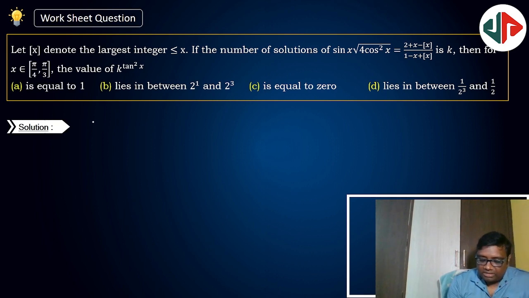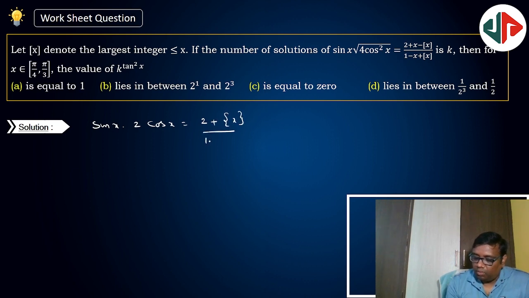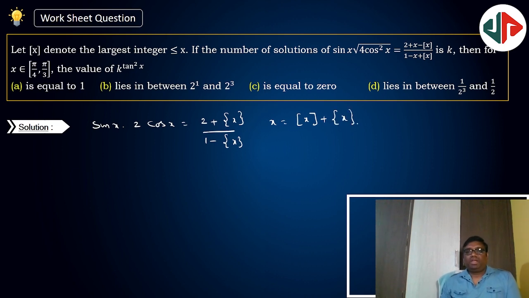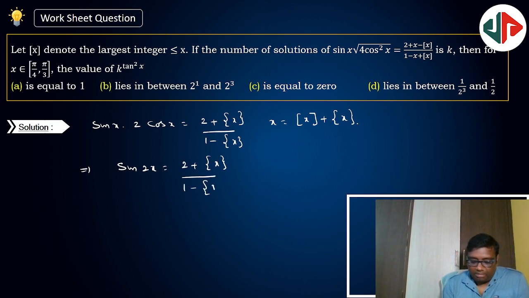We can rewrite this as sin x into 2 cos x, which is equal to 2 plus fraction part of x by 1 minus fraction part of x, because every x we can rewrite as step x plus fraction part of x. So x minus step x means fraction part of x. So this value is nothing but sin 2x is equal to 2 plus fraction part of x by 1 minus fraction part of x.